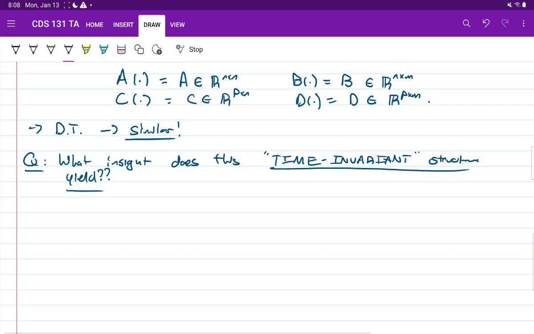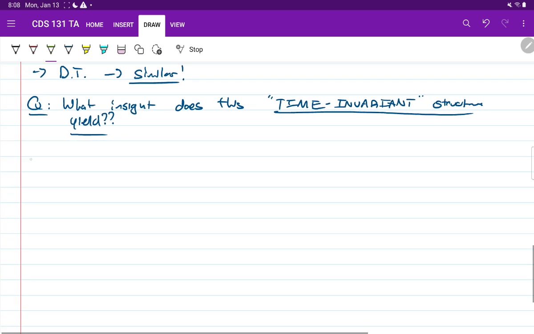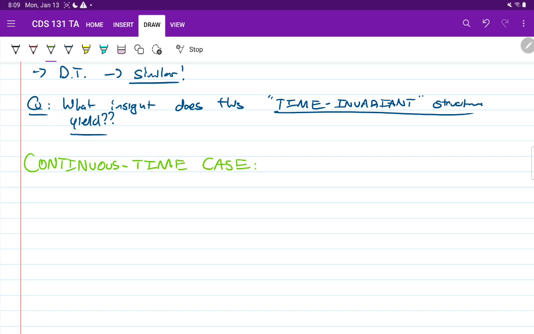All right, so what I'm going to do is start out with the continuous time case. We're going to discuss here solutions to linear time-invariant continuous time systems. Okay, so let's set this up. First, we know these state transition matrices kind of tell us everything we need to know about the system.